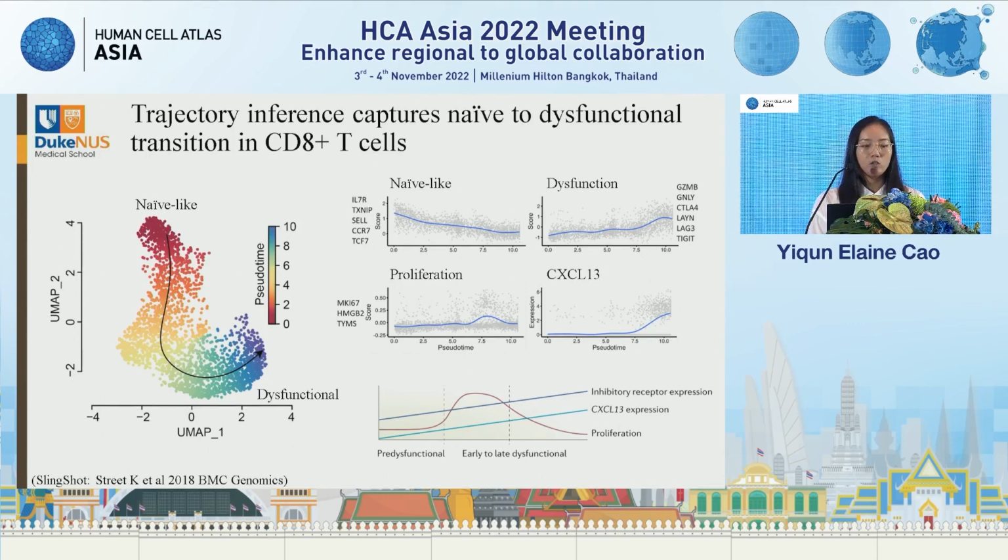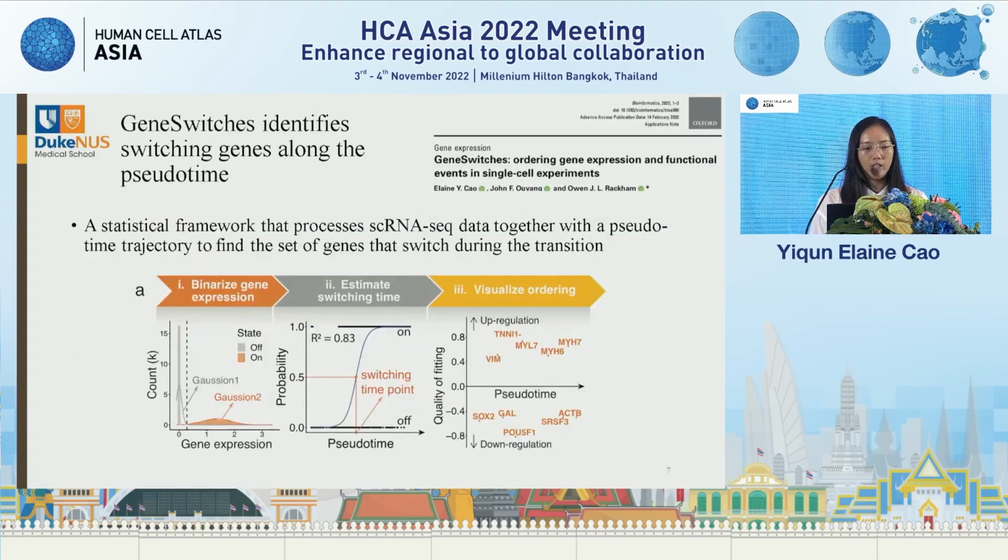Next, to further investigate the novel regulators along this dysfunctional evolution, we developed a computational tool called GeneSwitches to identify the switching genes along the pseudotime. GeneSwitches is a statistical framework that processes a gene expression matrix together with a pseudotime ordering to find the set of genes that switch during the transition. There are three main steps involved here.